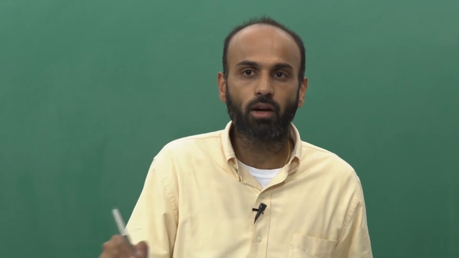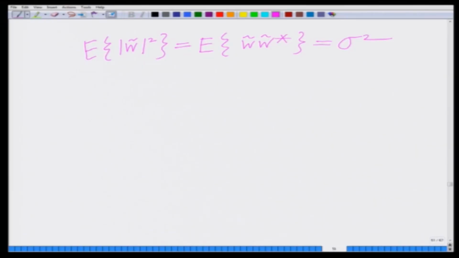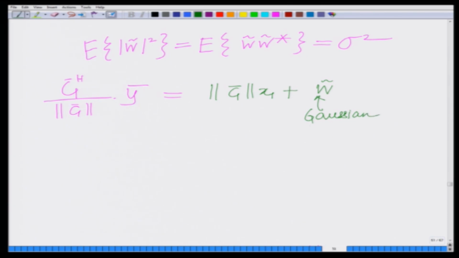Therefore, going back to my system model, after I perform C1 bar Hermitian divided by norm C1 bar times Y bar, what I receive is norm C1 bar x1 plus W tilde, where W tilde is Gaussian noise of variance sigma square.